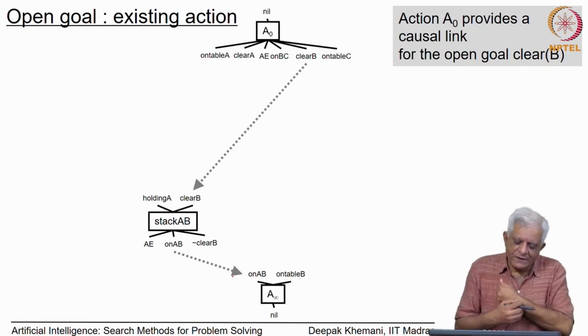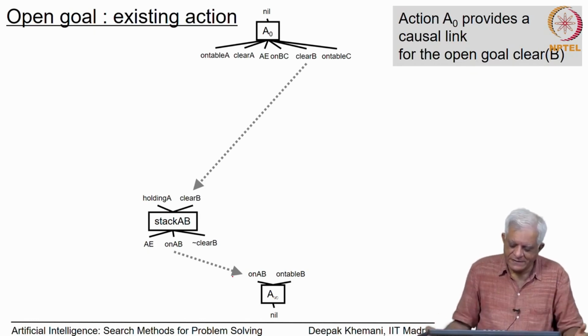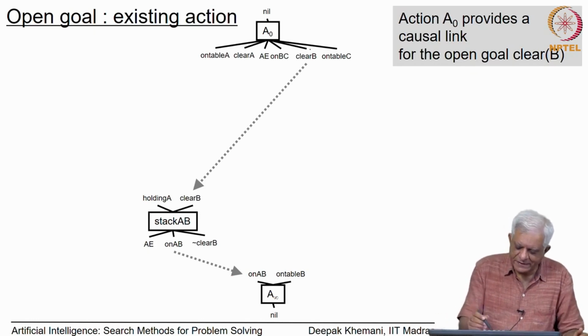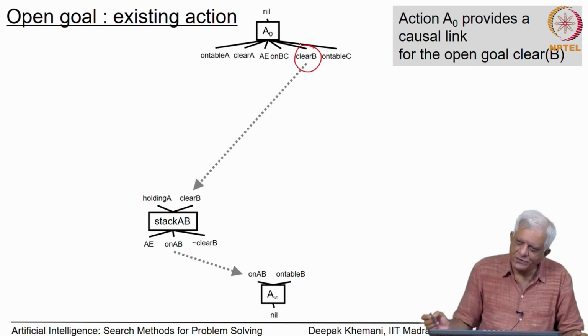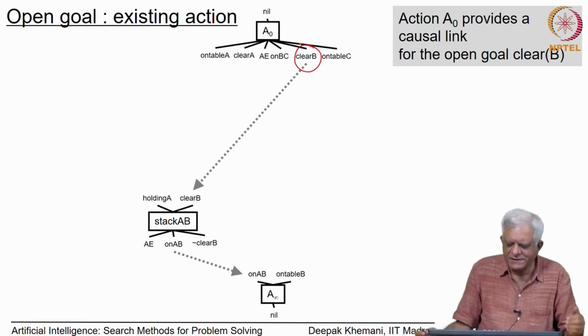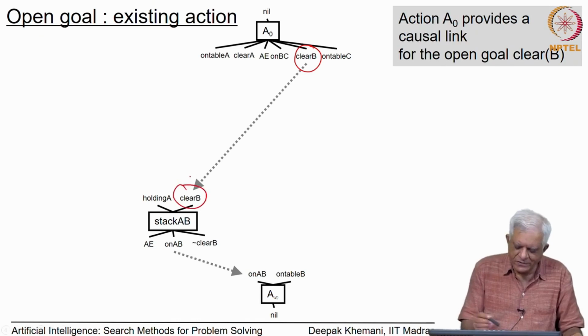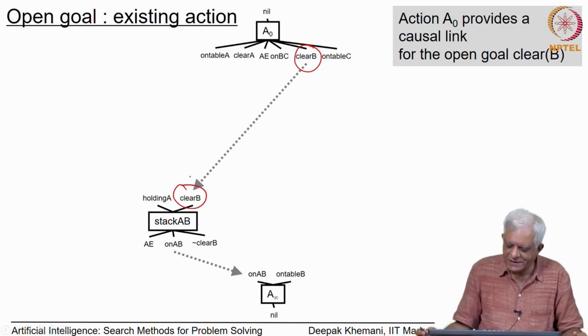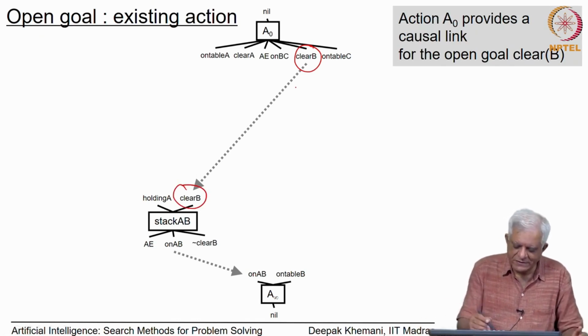Now, another way of solving an open goal is to find an existing action. You can see here that clear B is true in the start state, which means it is produced by the first action, and that is what you needed. So, you can just go ahead and establish a causal link between these, and the causal link is represented by this arrow.